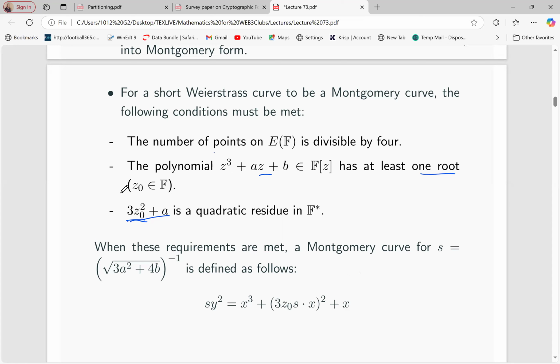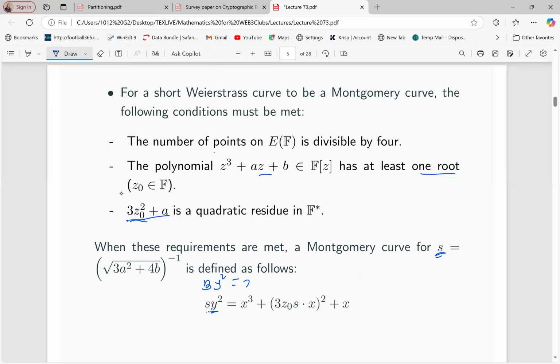Now, once you've gotten S, you can straight away write the Montgomery equation. So the Montgomery equation, therefore, is b y squared equal to x cubed plus a x squared plus x.